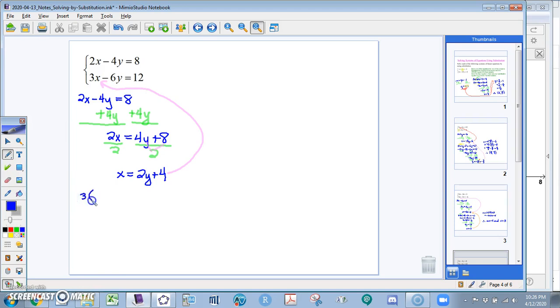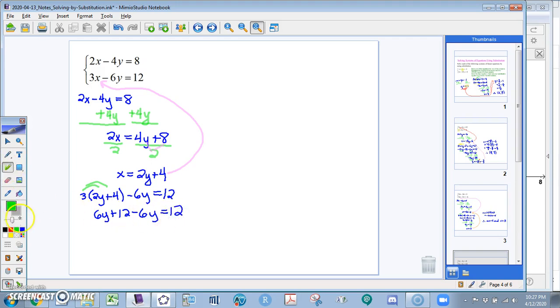So we get 3 times the quantity 2y plus 4, minus 6y is equal to 12. Distributing here, as we know we need to do, is going to give me 6y plus 12 minus 6y is equal to 12.